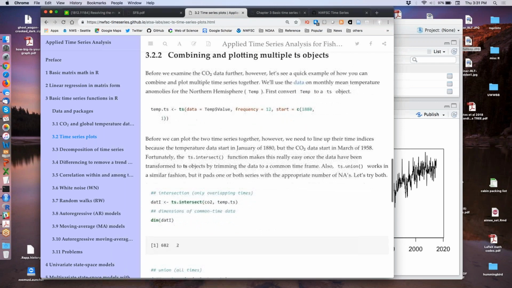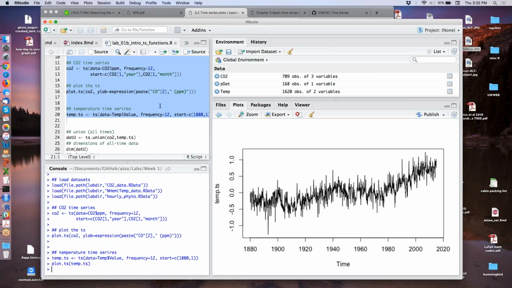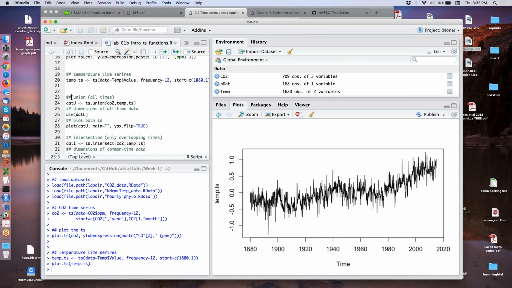Once you have time series objects, one of the nice things is you can use the logical functions union and intersect to make sure they align. If you had some that were like this and you take the union, you'd have one long time series. If you took the intersection, you'd only get the bits in between. You can do that here.